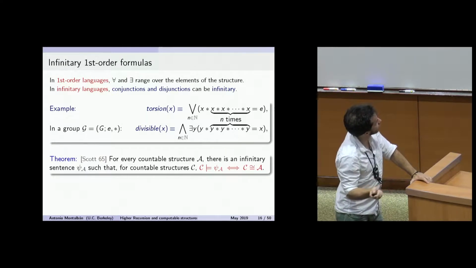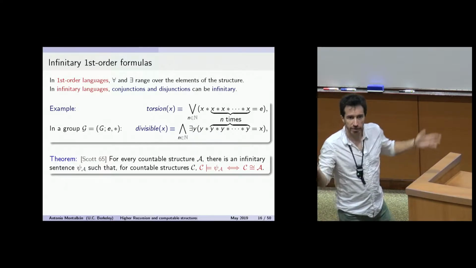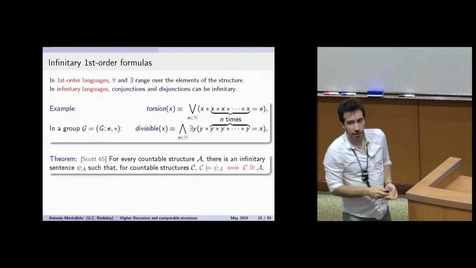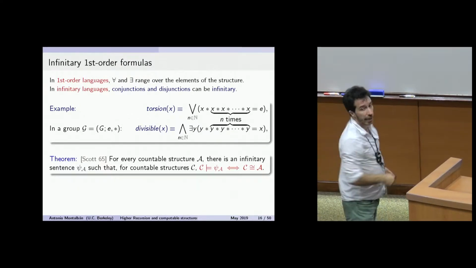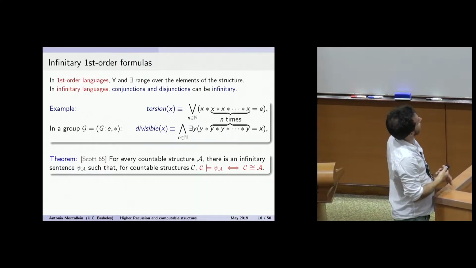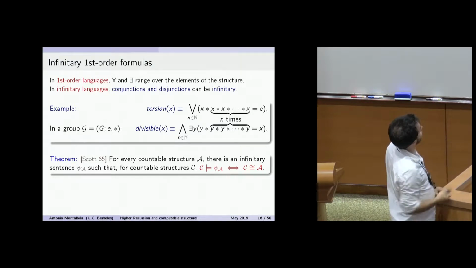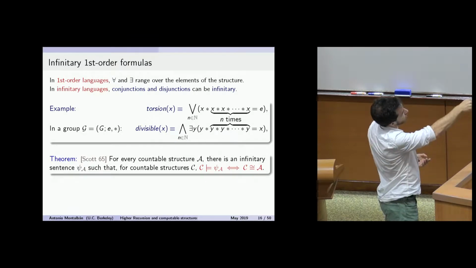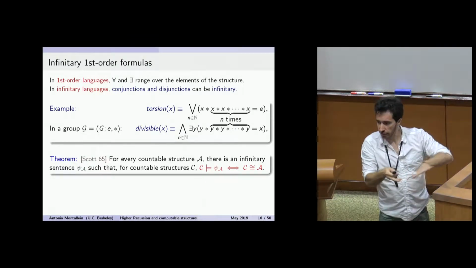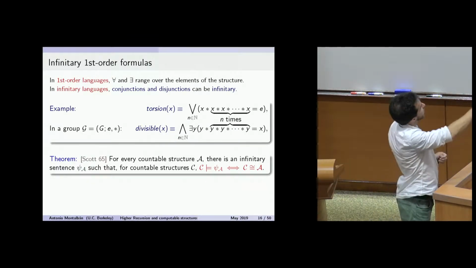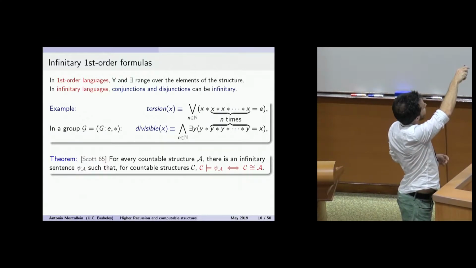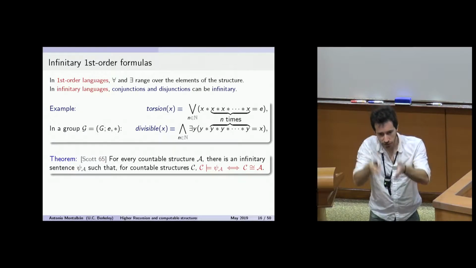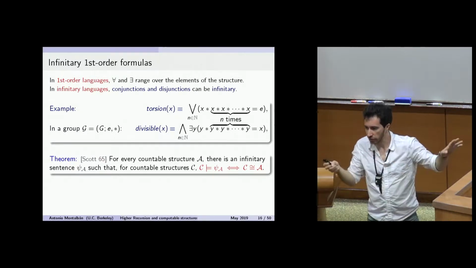Okay, I'm not going to use this in the rest of the talk, but just to tell you the two main properties of this language. One, these are due to Dana Scott from 1965. If you have a countable structure A, in some vocabulary, there is an infinitary sentence, without free variables, that identifies the structure uniquely among all countable structures.